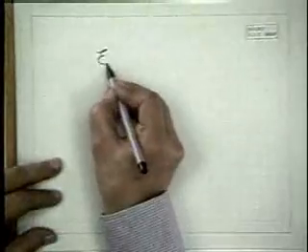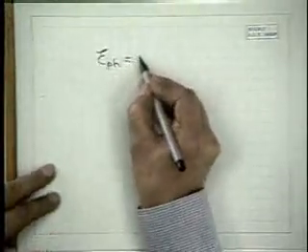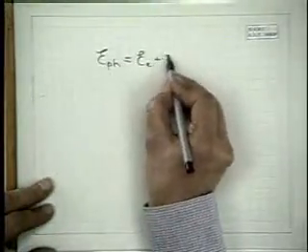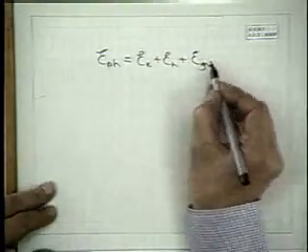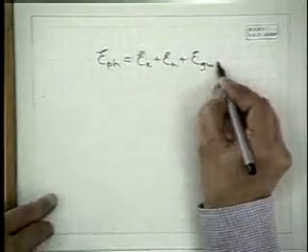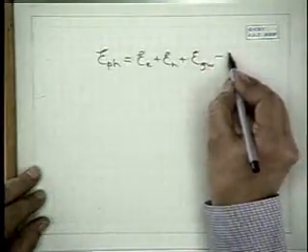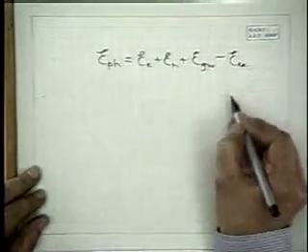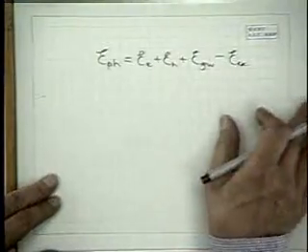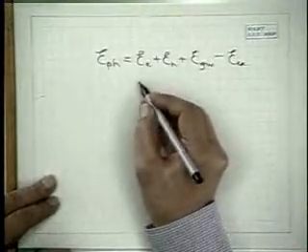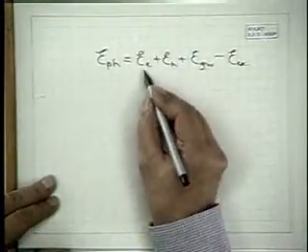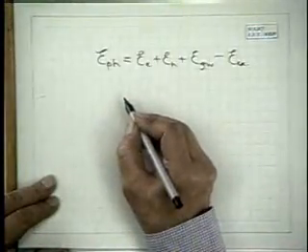In this case, EPH is equal to EE plus EH plus EGW minus E exciton, where EE and EH are the electron and hole binding energies.